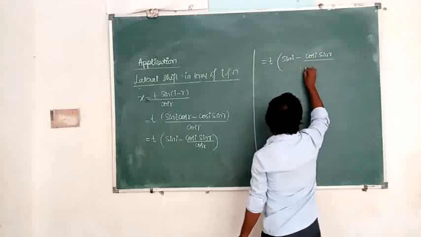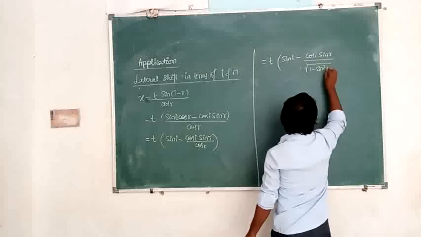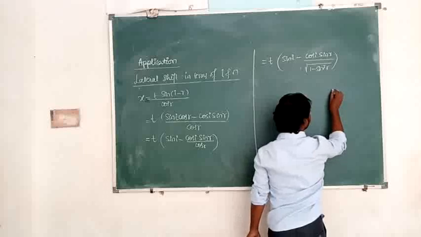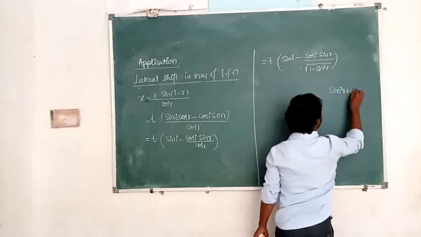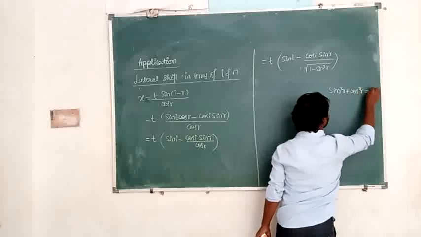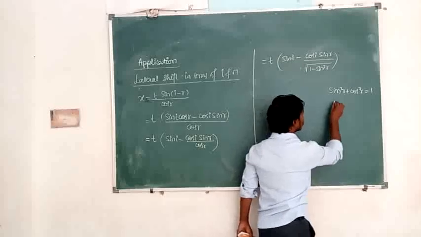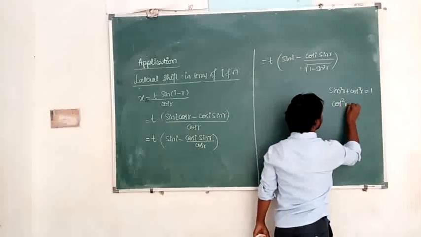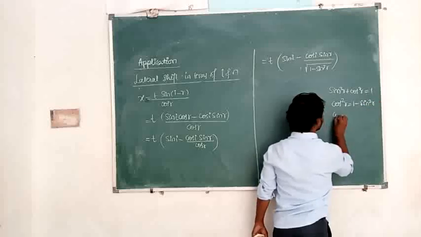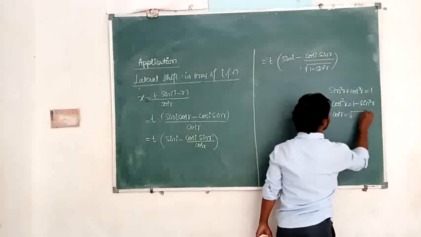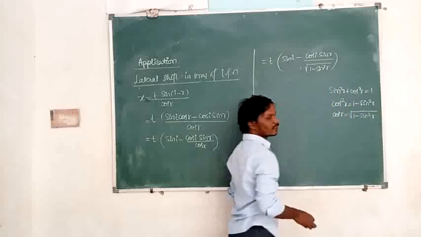How to write cos r? We know that sin square r plus cos square r is equal to 1. Here cos square r is equal to 1 minus sin square r, then cos r is equal to the square root of 1 minus sin square r. So I use this one here directly.